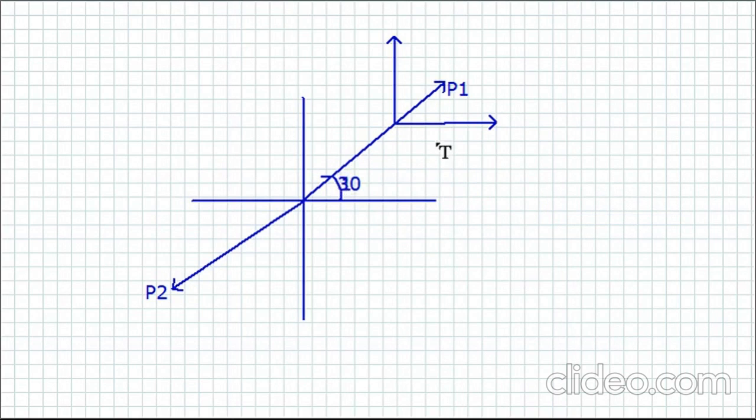Now the value of the horizontal component of P1 is P1 cos of 30, right? And the vertical component is P1 sin of 30, right?